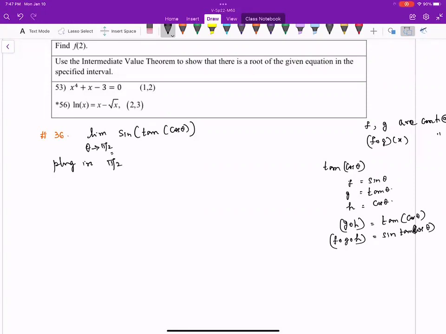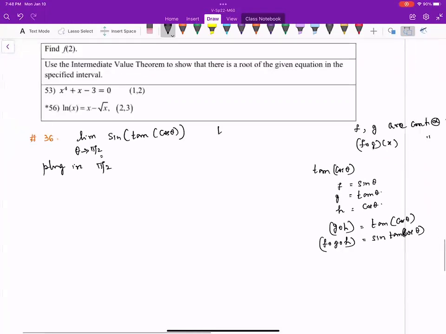All these are continuous. Sine and cosine are continuous everywhere. Tan is continuous everywhere but odd multiples of pi by 2.